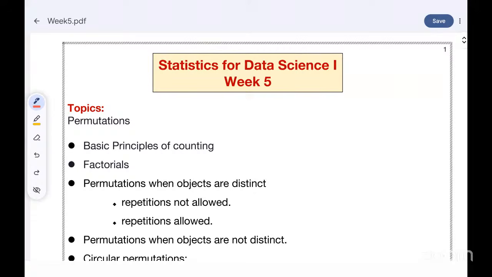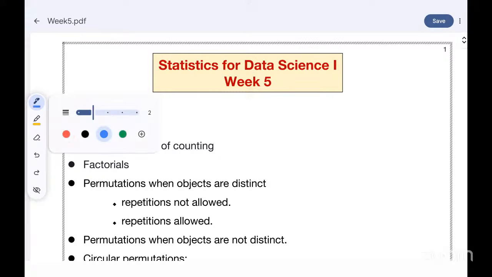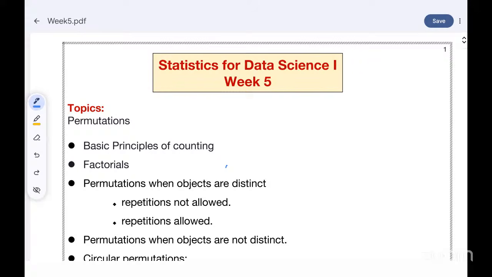Okay. All right. So today we will now start with the contents of week 5.